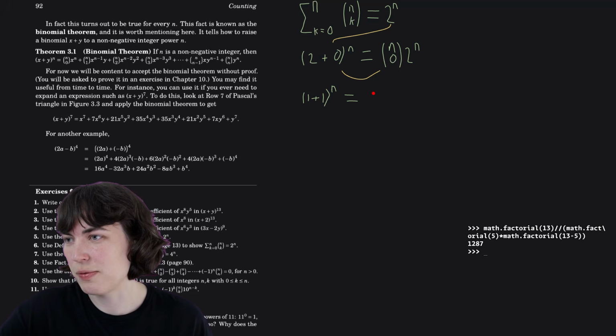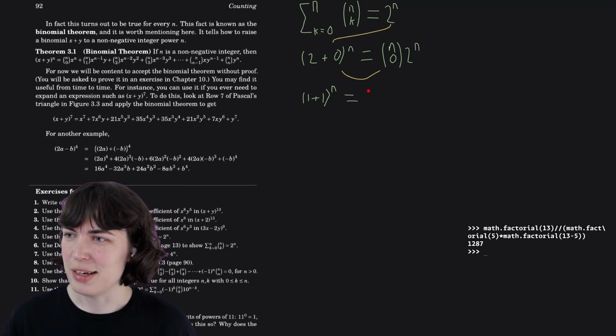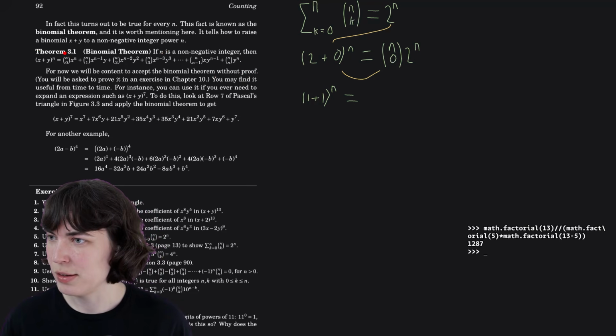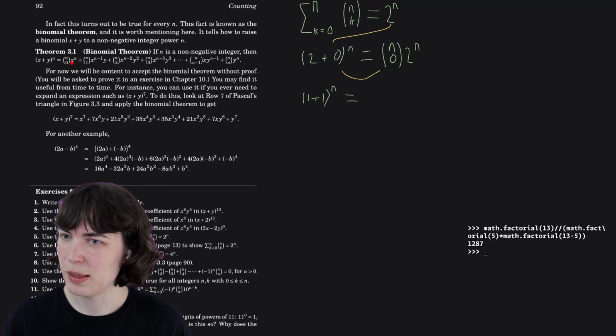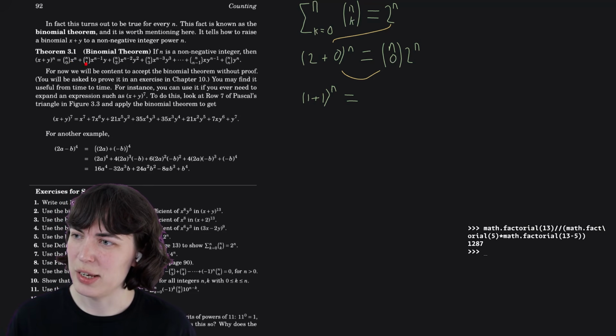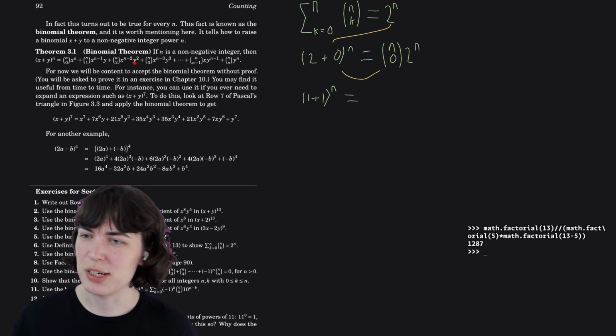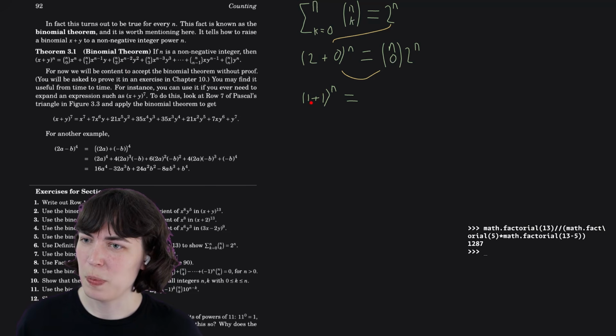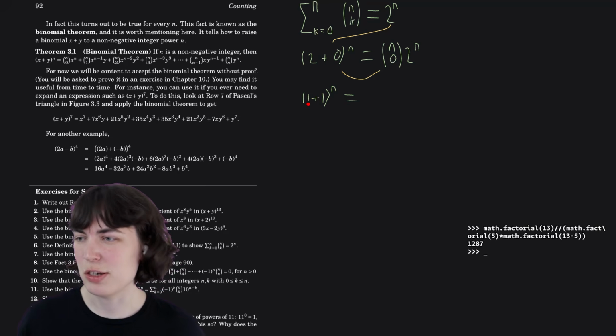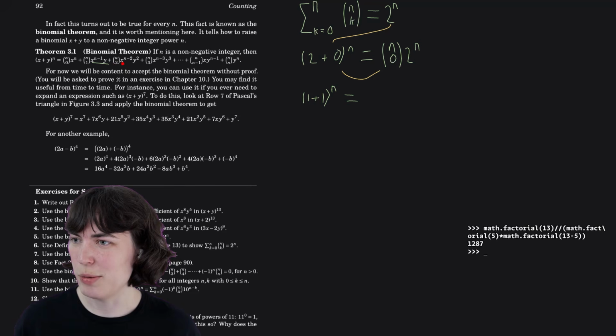So, oh, I see it. That's pleasing. So the idea is, if you look at this here, we're going to have x to the n, x to the n minus 1, y squared, etc. But all of those are going to end up being 1, because 1 to the power anything is going to be 1. So all of these will end up being 1.